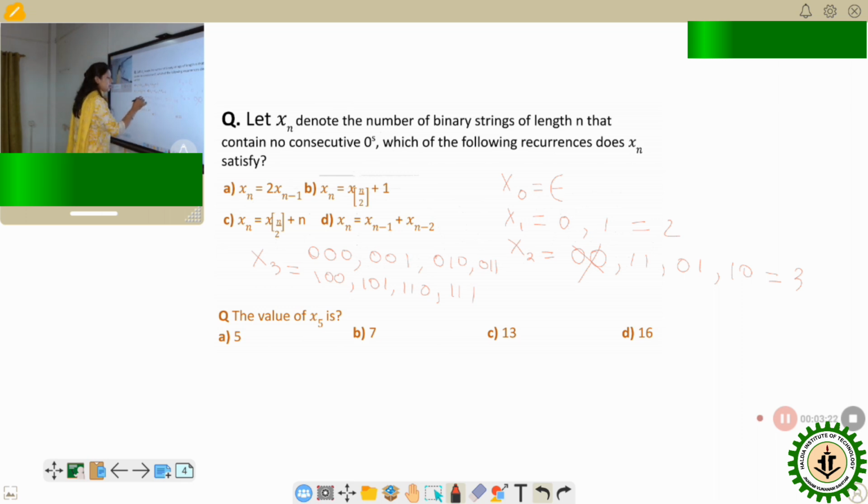But in 000 there are consecutive zeros, in 001 there are consecutive zeros, and in 100 there are consecutive zeros. So these will not be present in x3. That means there are 1, 2, 3, 4, 5 elements.